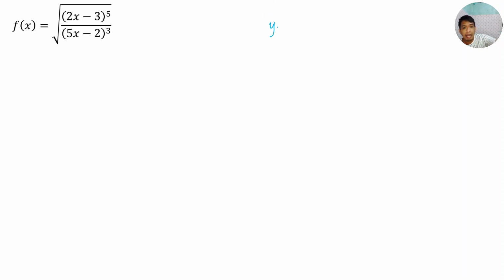Let y be equal to square root of u. Since square root of u can be written as u raised to 1/2, by chain rule y prime is equal to 1/2 u to the 1/2 minus 1 multiplied by the derivative of u.